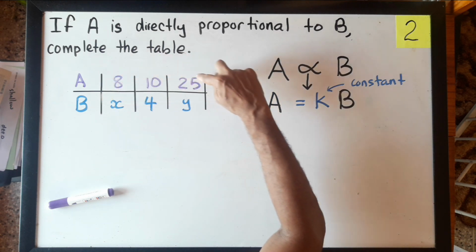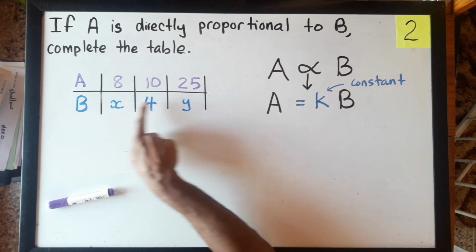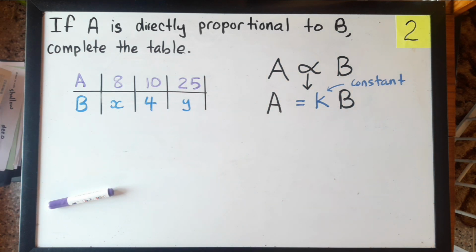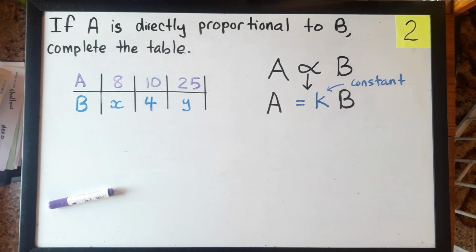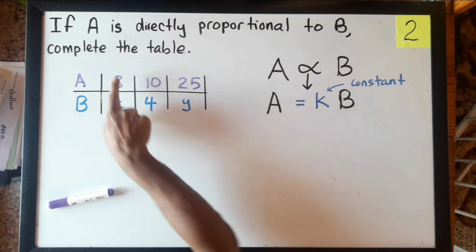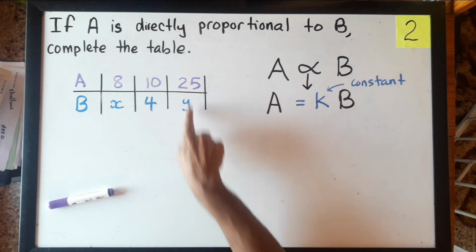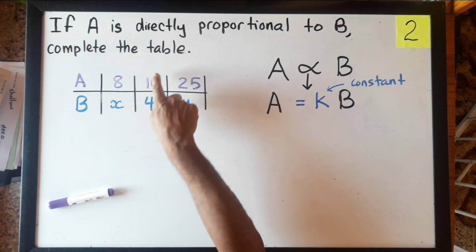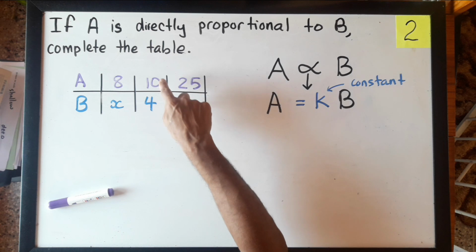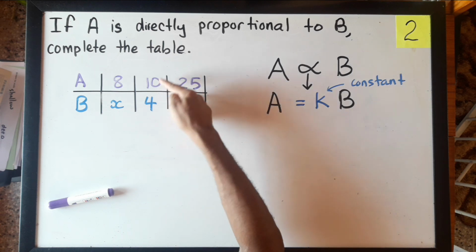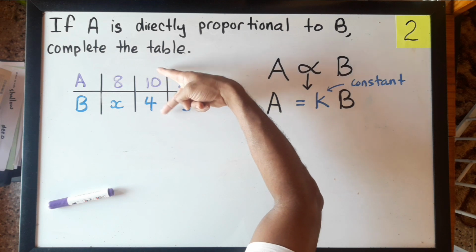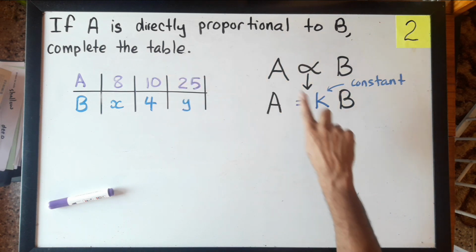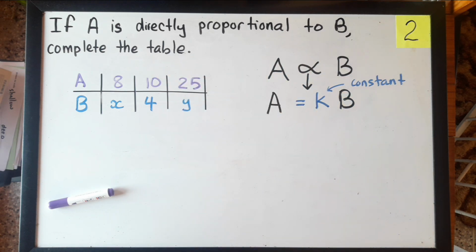And when A is 25, B at the same point in time is Y. Obviously, X and Y is what we need to find the value of. You will notice only one of these columns is complete, and that is the middle one. For the middle one, we have the value of A and the corresponding value of B. So we need to use these two values to calculate the value of K.